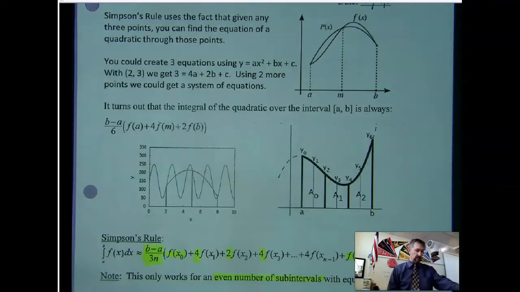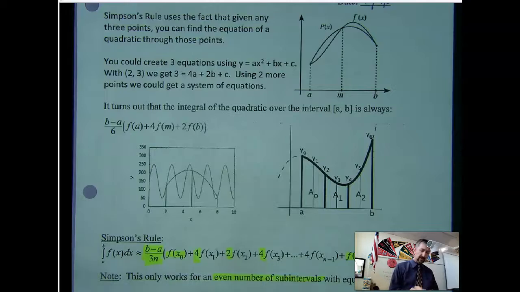All right, so if we try that out here. b minus a is going to be 2 minus 0 over 3 times the number of subintervals, which they told us to use 4. So that's going to be 4. And then we're going to multiply that by the function at the first value, which is going to be f of 0. Plus 4 times f of, and we're going from 0 to 2 with 4 subintervals.